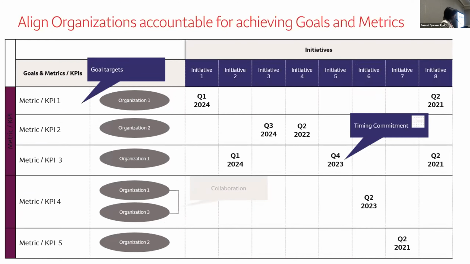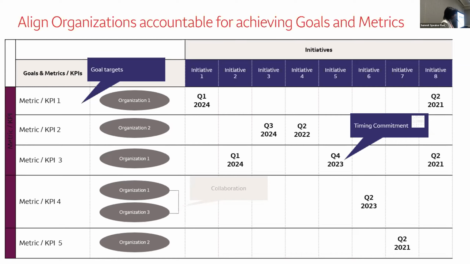Next, we started to look at aligning those organizations that were accountable for those goals and objectives and agreeing upon the timing. So the organizations that we'd cross-mapped to each one of those metrics, and now that we've built those multi-year roadmaps and pinpointed when that capability was going to be delivered, we then built this table, again PowerPoint, nothing fancy, of our 22 metrics, and created a chart that tells us for each one of those when we expect to realize each of those metrics.